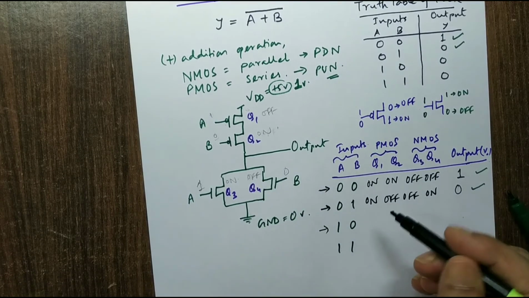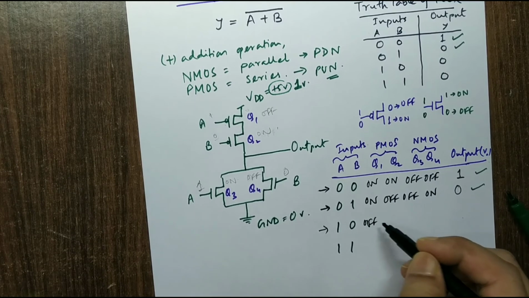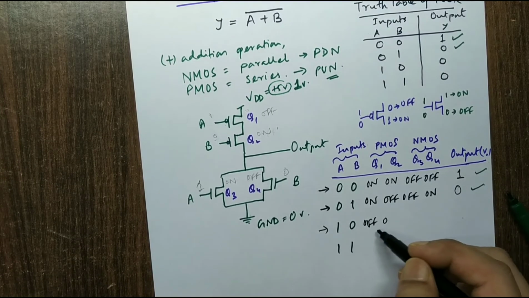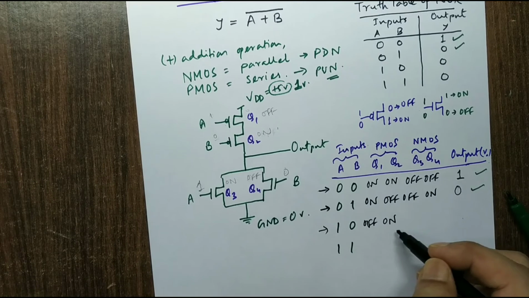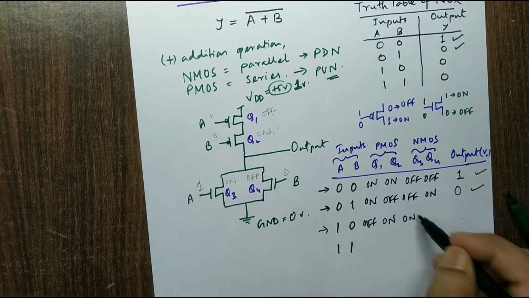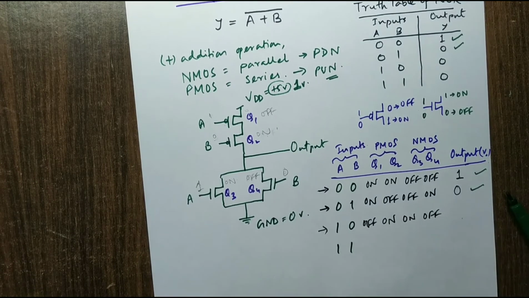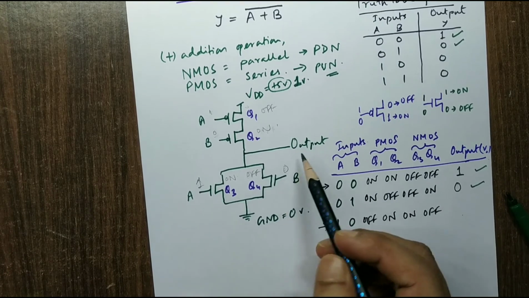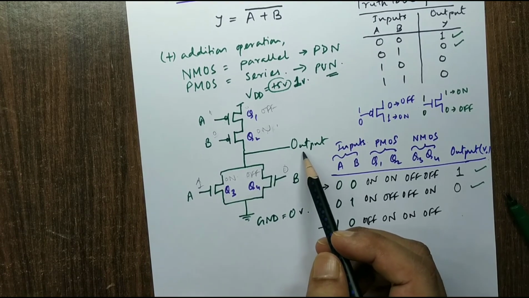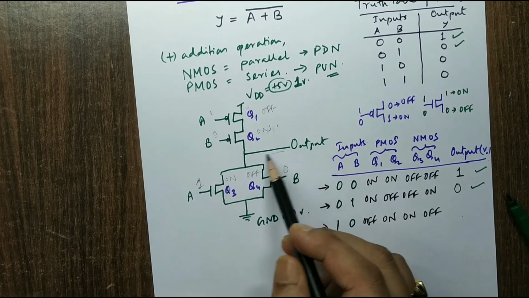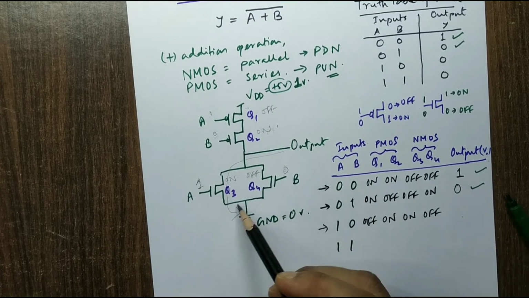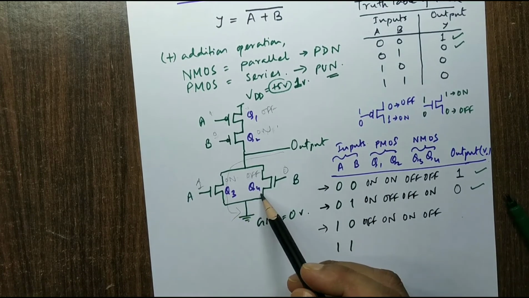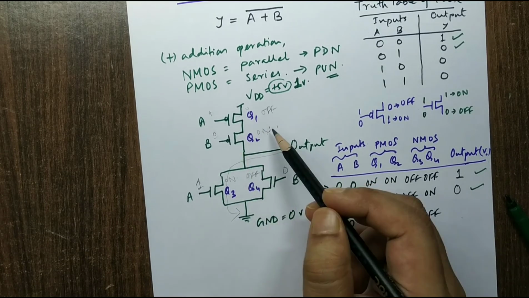So let me write down all this. Q1 is off, Q2 is on, Q3 is on, but Q4 is off. So for that, the output can still have a connection through this line, because Q3 is on but Q4 is off. It doesn't matter because it is a parallel connection, but here it matters. Why?